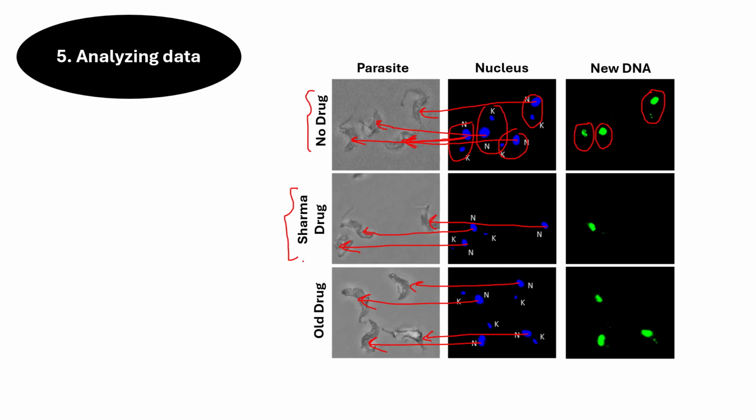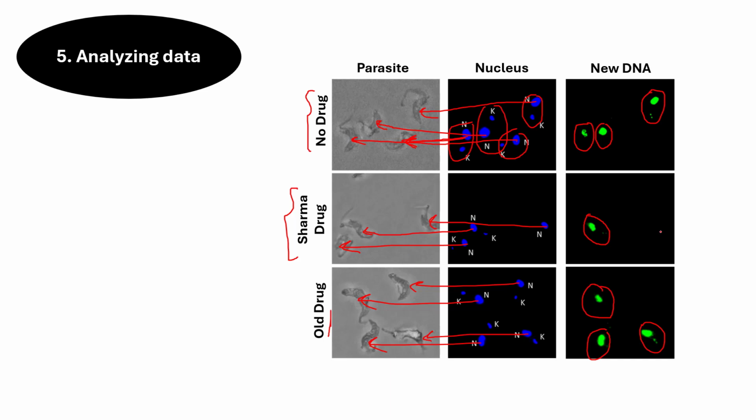But after treatment with the drug, out of the 3 parasites, only 1 was actively synthesizing DNA. Again, in the old drug, which does not affect DNA synthesis, 3 out of 4 parasites were synthesizing DNA.